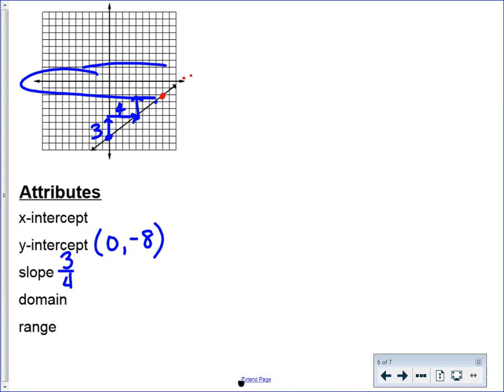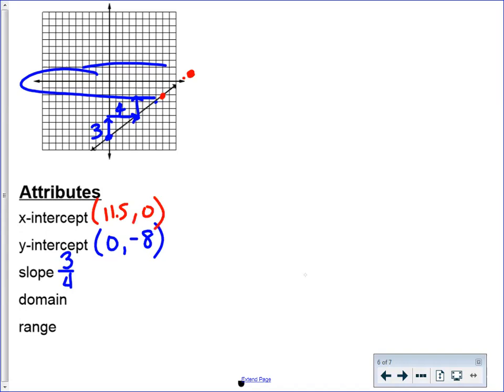So that tells me that my x-intercept is going to be some sort of decimal. And it's going to be 1, 2, 3, 4, 5, 6, 7, 8, 9, 10, 11. It's going to be somewhere between about 11 and 12. So I'd say put about (11.5, 0) as an estimate.